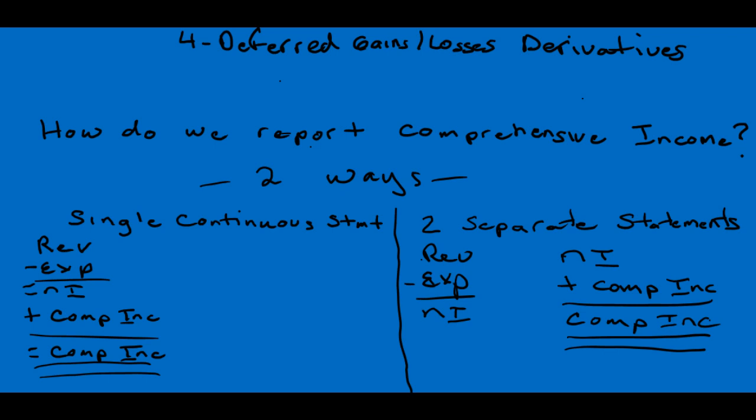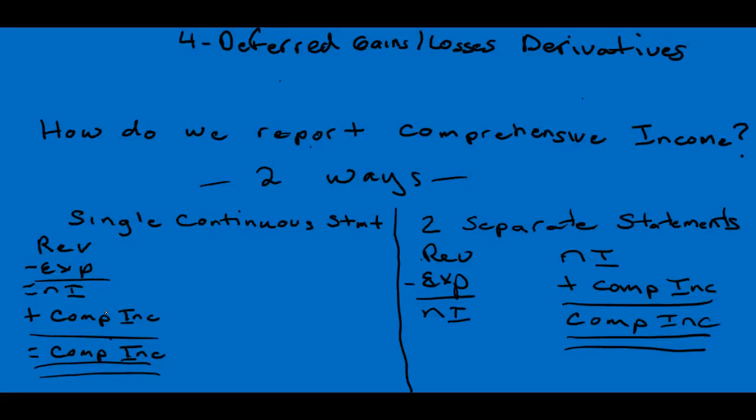In our first example, some people say they like it better because comprehensive income is just as important as traditional net income. People that are opposed to that take the opposite position and say it merely confuses the reader and you're actually computing things into net income that you had agreed to not put in net income.